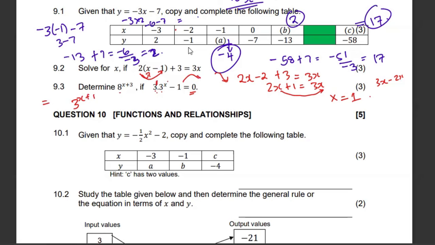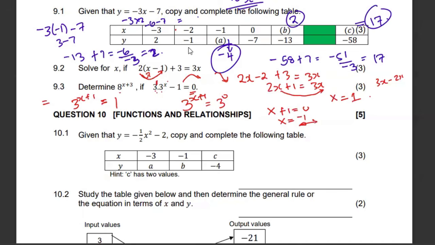Let's move the 1 to that side, equals 1. And we know that for us to get a 1 with a base of 3, the exponent needs to be a 0. So 3 to the 0. Drop the bases, meaning that x plus 1 is a 0, meaning that x needs to be a negative 1.